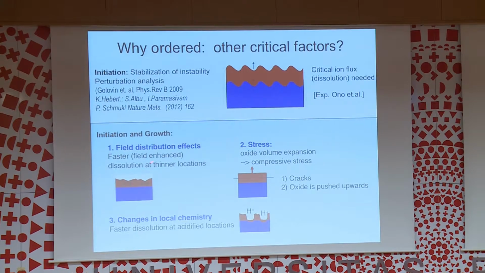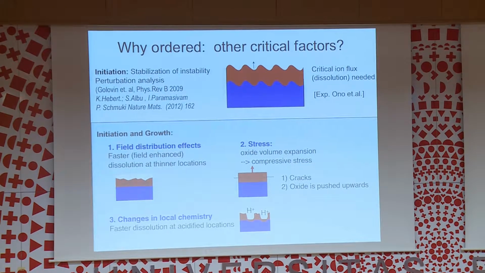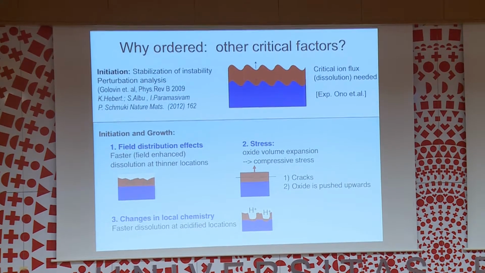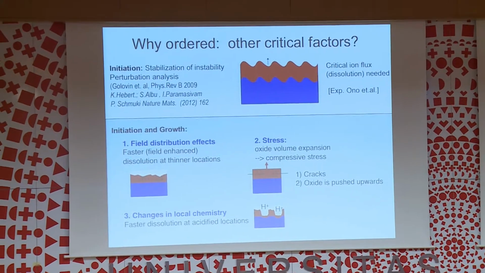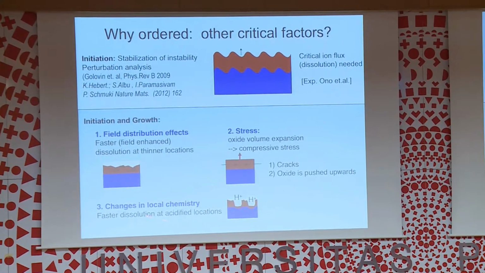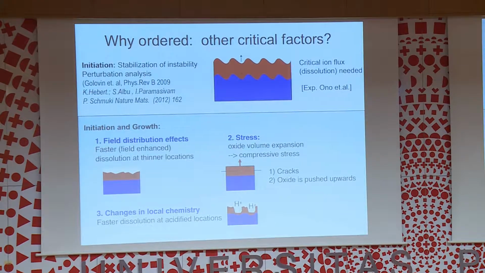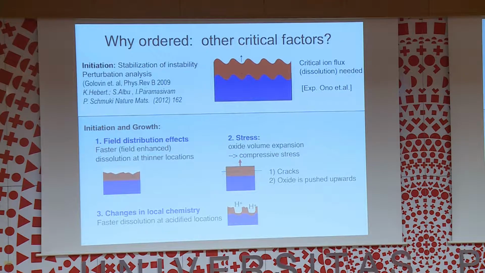You can imagine that if the field distribution is not even, if you have inhomogeneities, you have local field flow or local field enhancement at the points where the oxide is thinner. Then there are changes in local chemistry, because during your reaction you may acidify the tubes or the tube bottoms, and this may also change the solubility of the oxide.